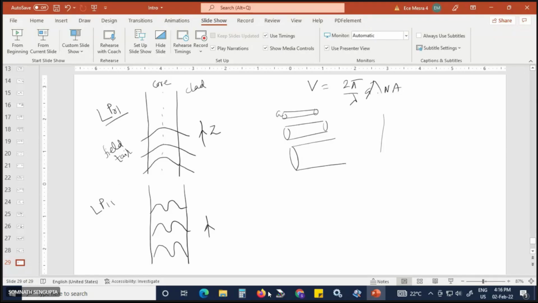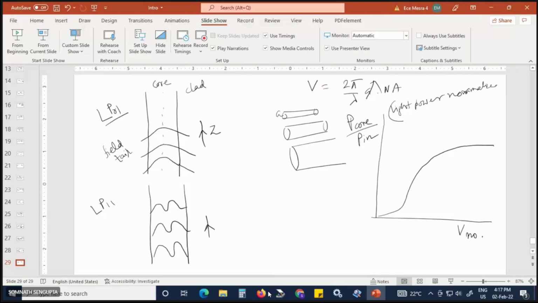And if you plot this, you will see this kind of graph, where this is the V number and this is P core by P in, that is the mode power, the light power normalized.